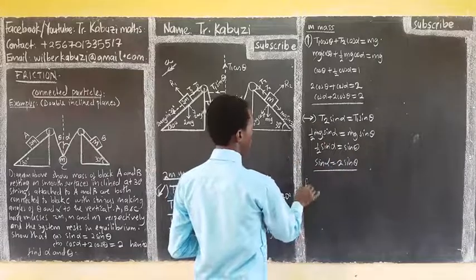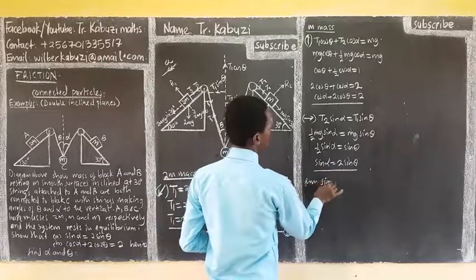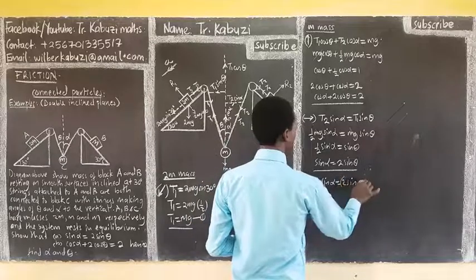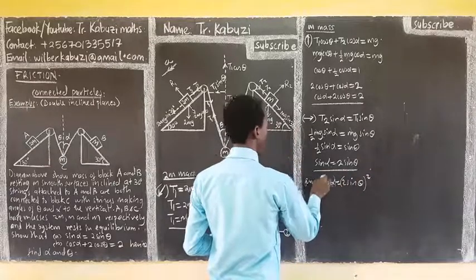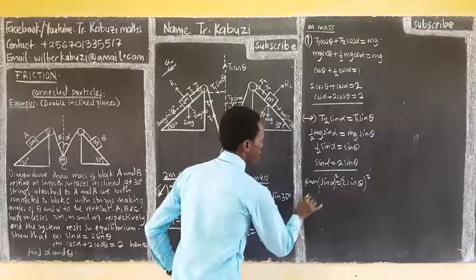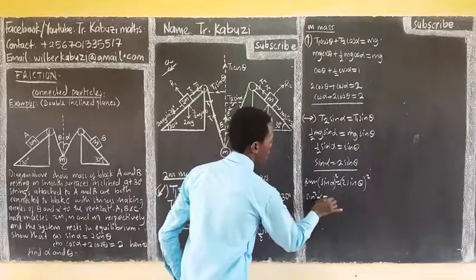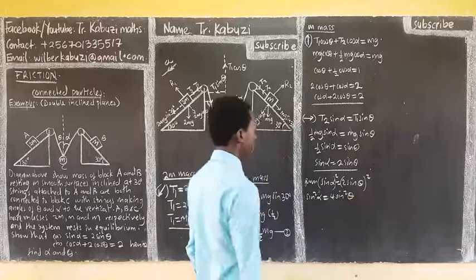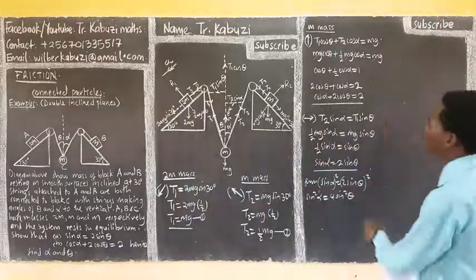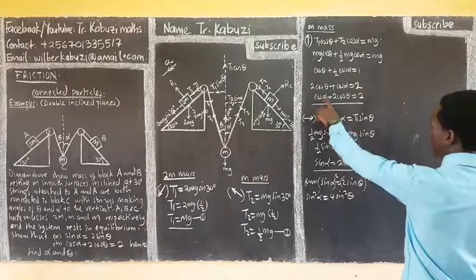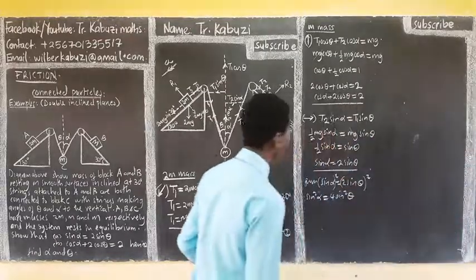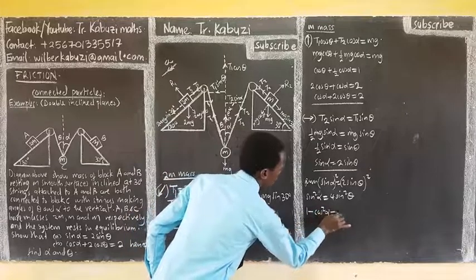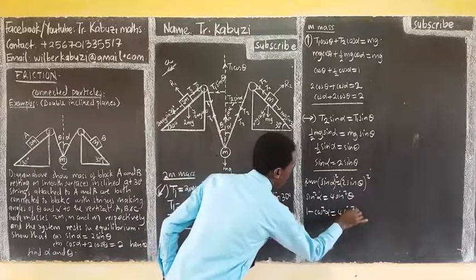So from sine alpha equaling 2 sine theta, if I square both sides, I'll have sine squared alpha equaling 4 sine squared theta. Now this one is 1 minus cos squared alpha, equal to 4 sine squared theta.